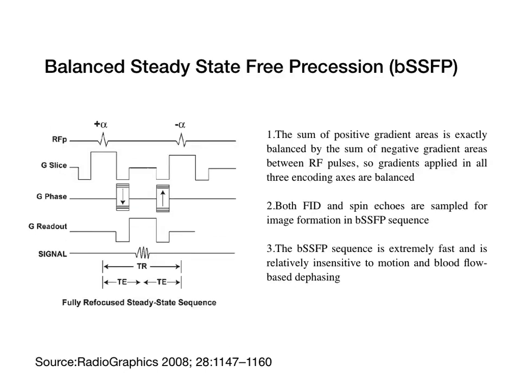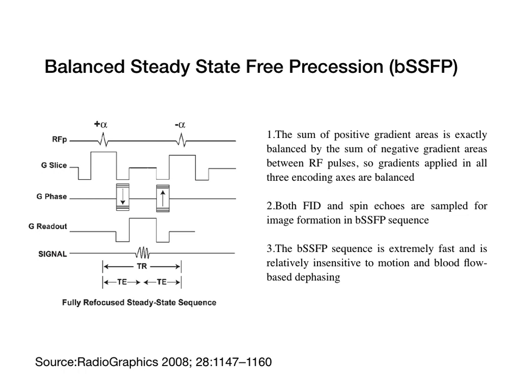The bSSFP sequence is a very useful steady-state sequence. bSSFP means that the sum of positive gradient areas is exactly balanced by the sum of negative gradient areas between RF pulses. So gradients applied in all three encoding axes are balanced.